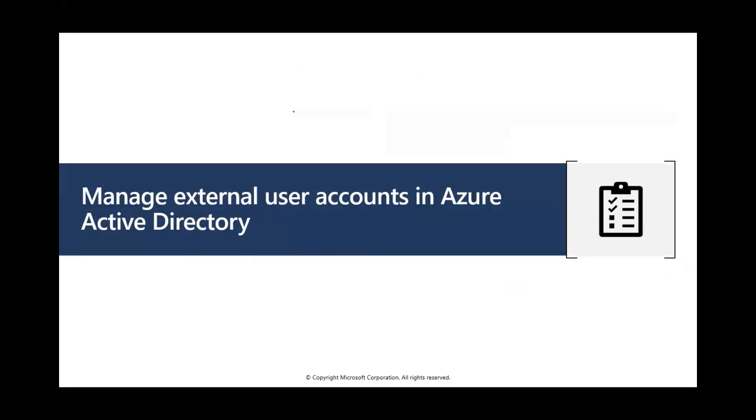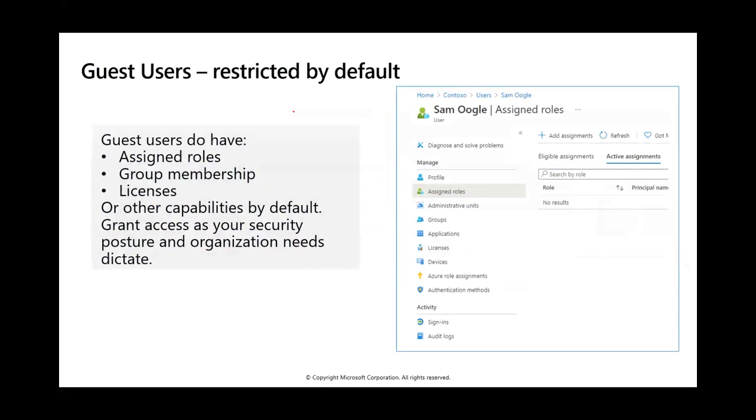So that was it. Let's also take a look at how to manage external user accounts in Azure Active Directory. These features are almost the same, or actually the same, as for normal users. You can assign roles, group membership, and licenses. We talked about all of those during this course.